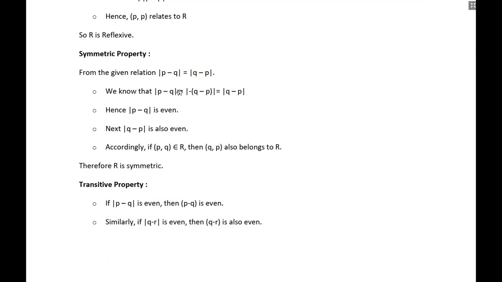We know that the absolute value of P minus Q is equal to that of Q minus P, and this minus will be omitted. Hence, P minus Q is even. Next, Q minus P is also even. According to the rule, if (P, Q) belongs to R, then (Q, P) also belongs to R. So we can say that R is symmetric.